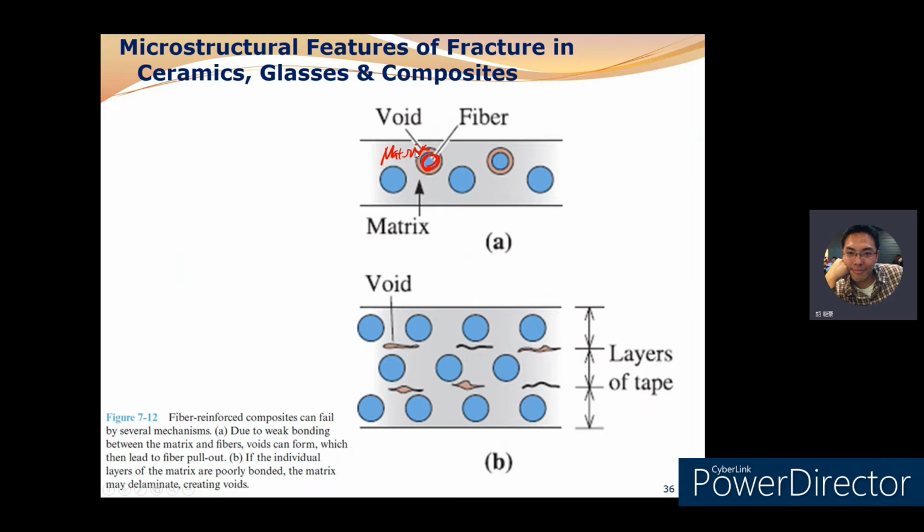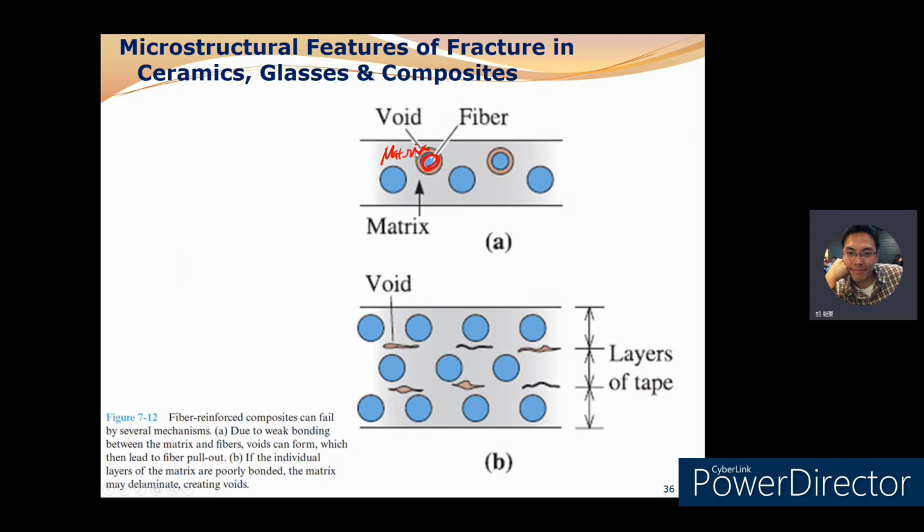And also the other failure mode for a composite is the layer. If the individual layers of the matrix are poorly bonded, the matrix might delaminate, creating void.